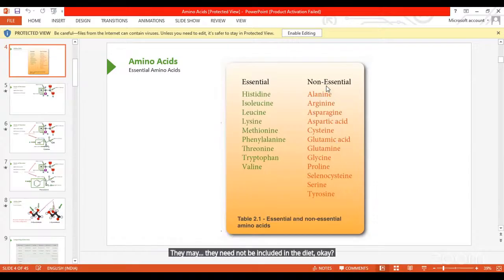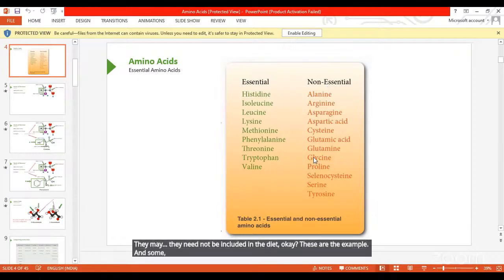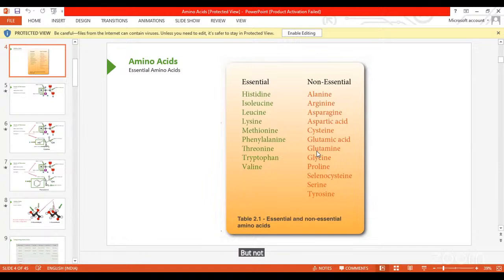These are examples. The semi-essential amino acids are also found in the body, but not in sufficient amounts for body requirement. What are the semi-essential?